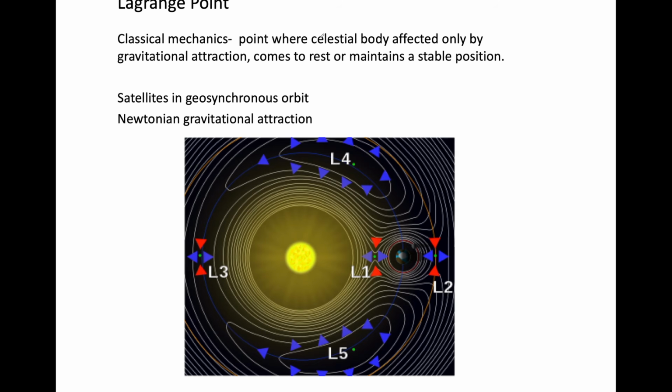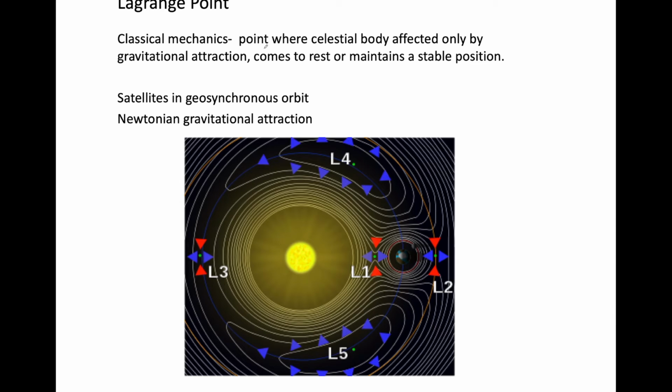And so this idea of Lagrange point is not new. It comes from physics, specifically from classical mechanics. When you have a mass-containing body, there's a gravitational attraction between any two mass-containing points.